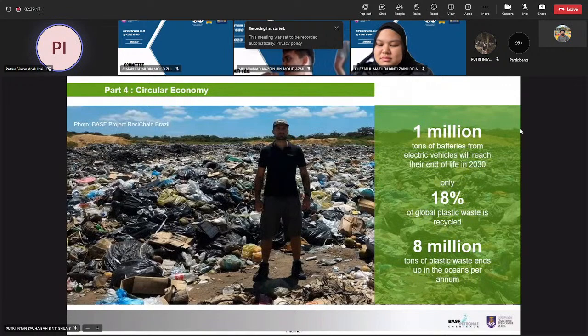But you can see that only 18% of global plastic waste is recycled, and over 8 million tons of plastic waste end up in the oceans per annum. So how do we want to go for the circular economy? Okay, next.